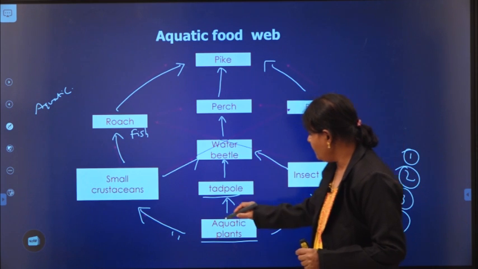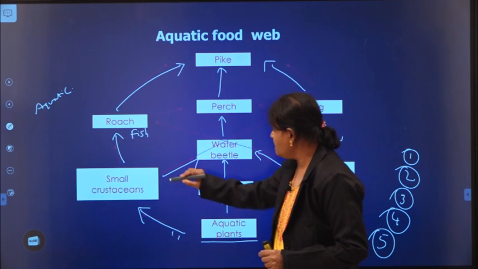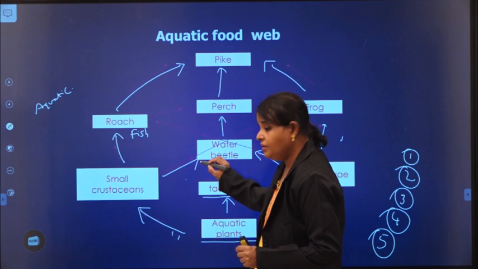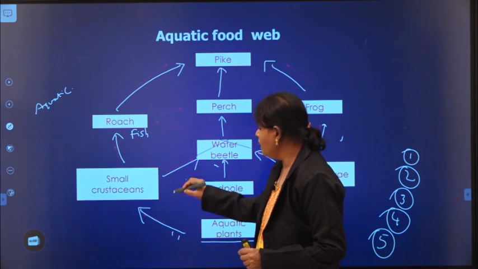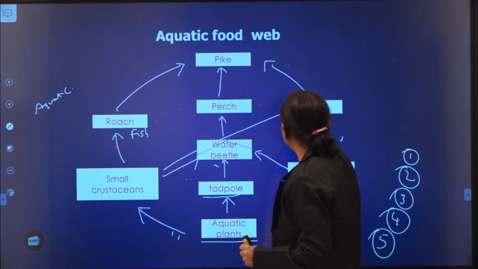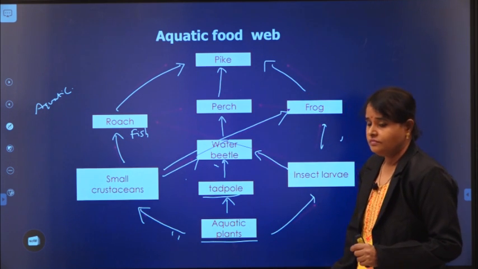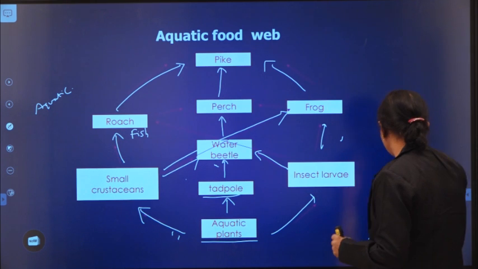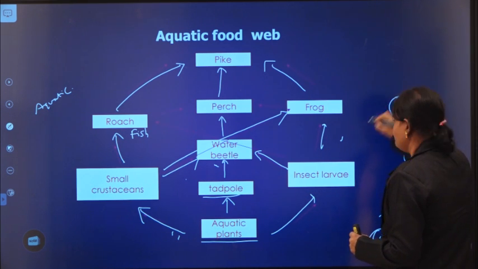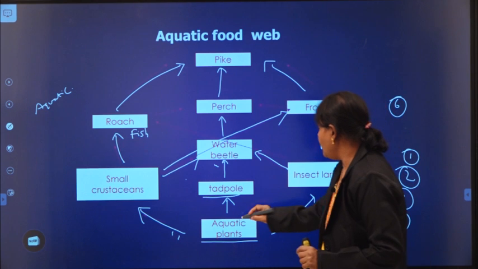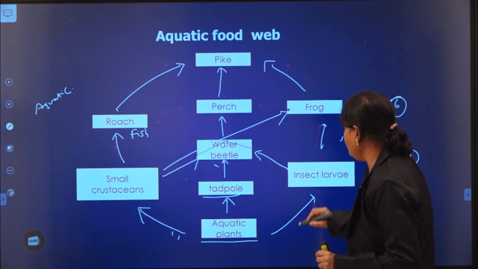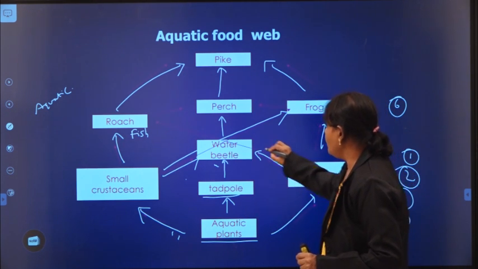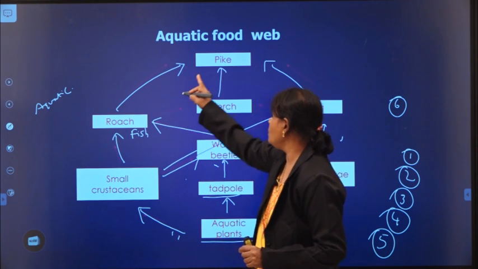Now, these aquatic plants, small crustaceans, I told you it is eaten by water beetle or it may be directly eaten by the frog. From frog to pike. How many food chains here? 6. Here also, aquatic plants, insect larvae, not only by water beetle, directly it is eaten by roach to pike.